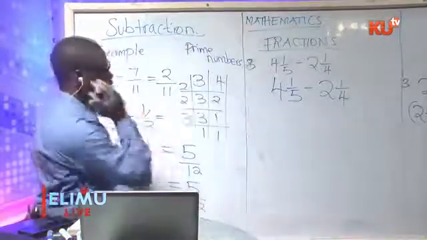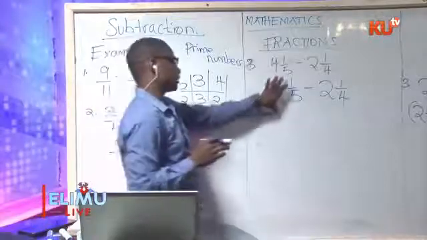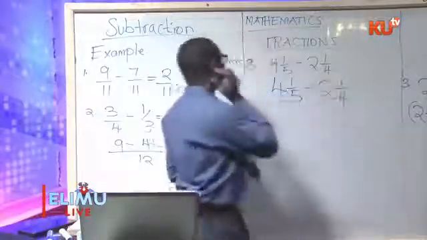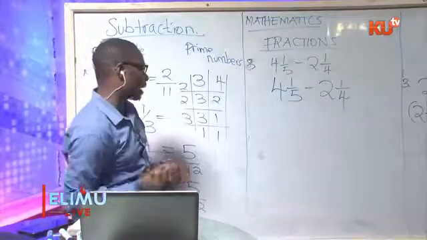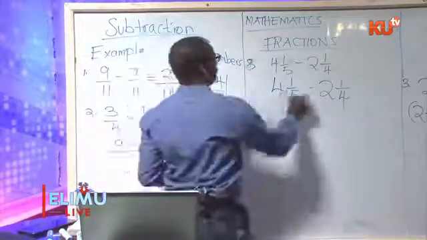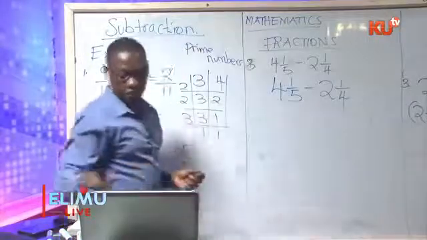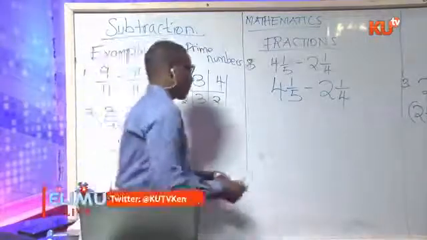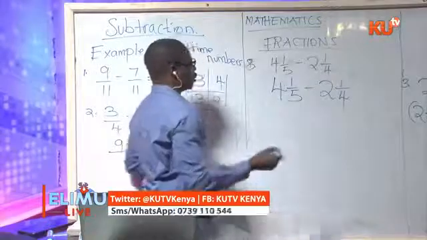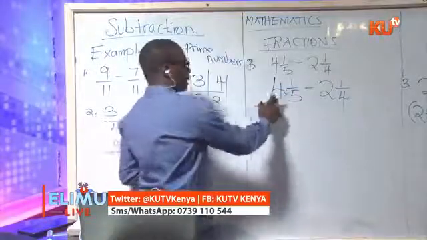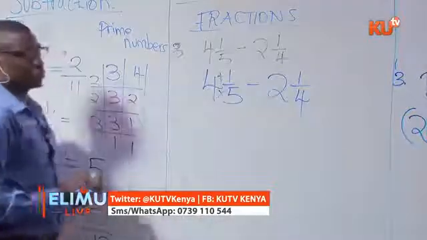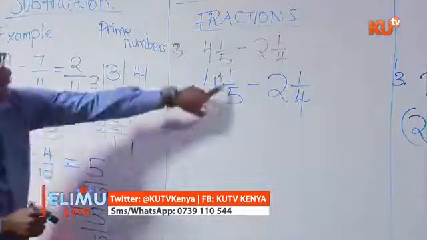We are going to change these mixed fractions into improper fractions. We already know what improper fractions are. So if you want to change a mixed fraction into an improper fraction, you multiply the denominator by the whole number. The answer you get, you add to the numerator. So you multiply and you add.